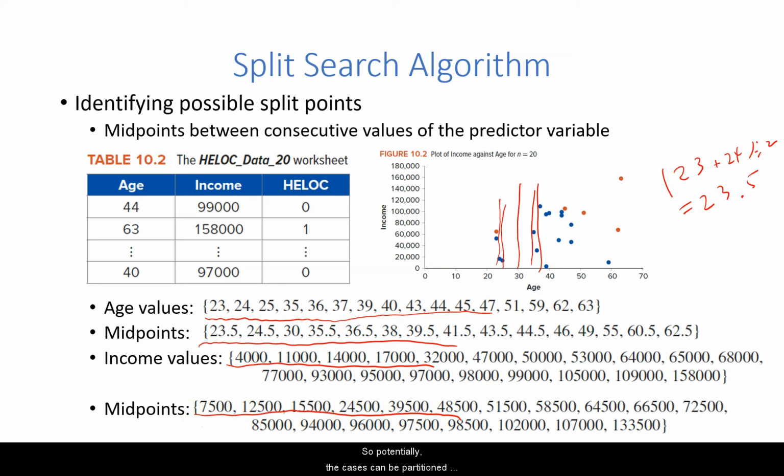So potentially, the cases can be partitioned according to the income dimension using values such as 7,500, 12,500, 15,500, and so on.